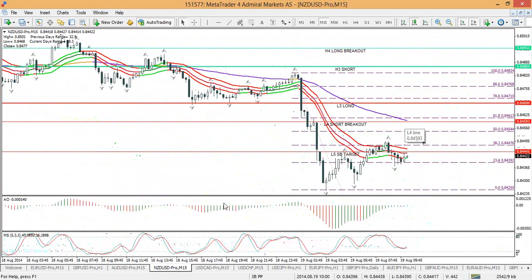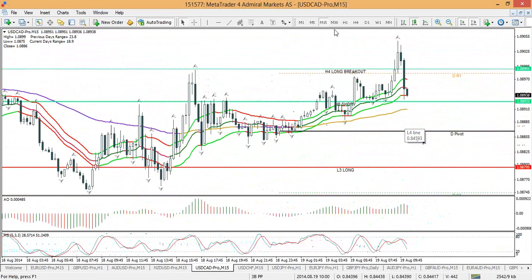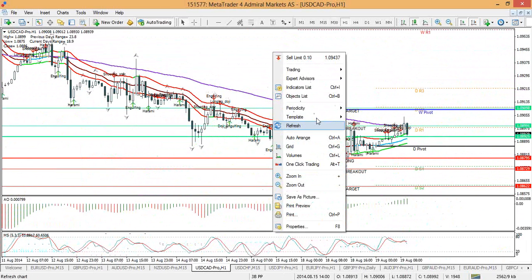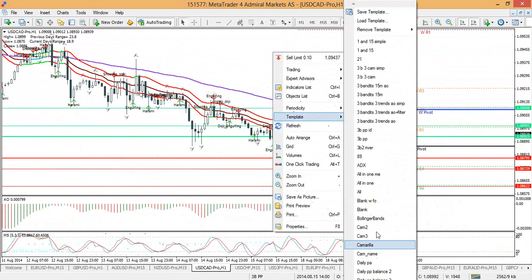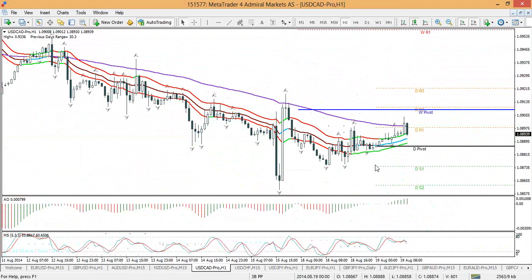Dollar CAD. I still have the old template. I could use the new template to get rid of some of the tools because it probably looks a bit better and easier to see like this. And what do we see?